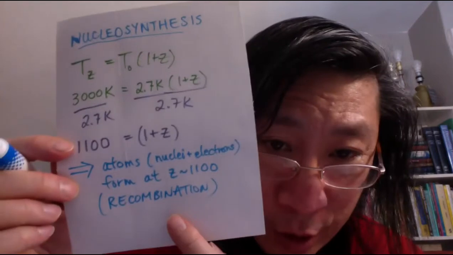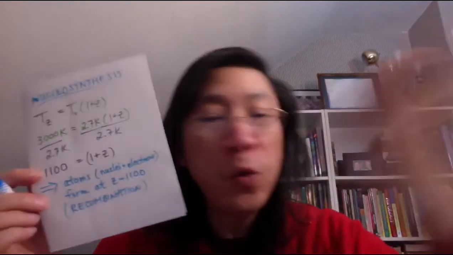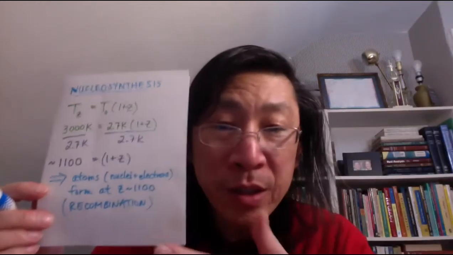Really, they're combining for the first time, but they're recombining because they can combine and recombine many times during the first years of the universe.